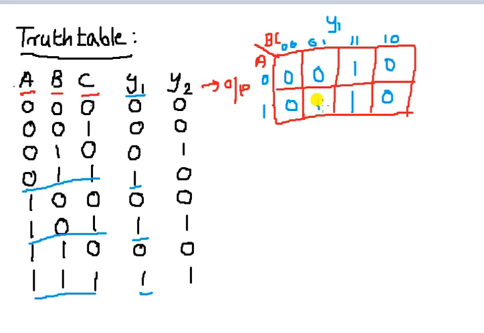After marking the values, we have to group. So this is the first group and this is the second group. So from this K-map, we get Y1 is equal to AC plus BC.